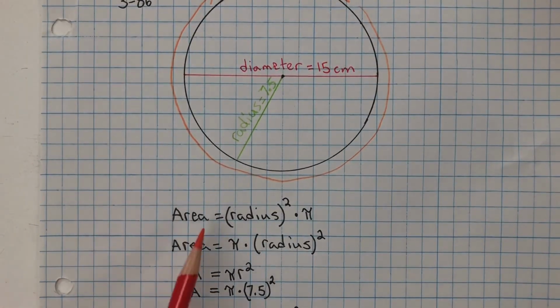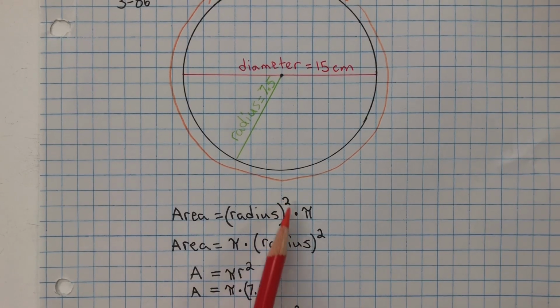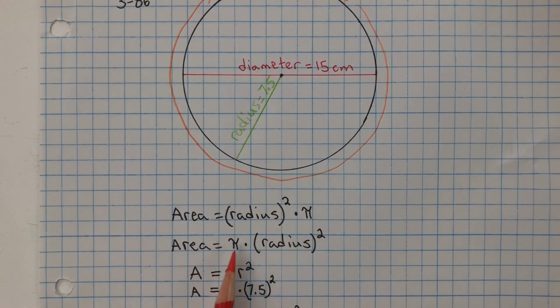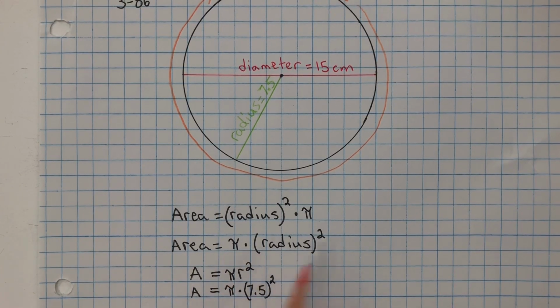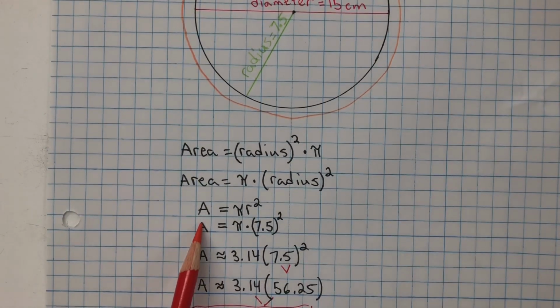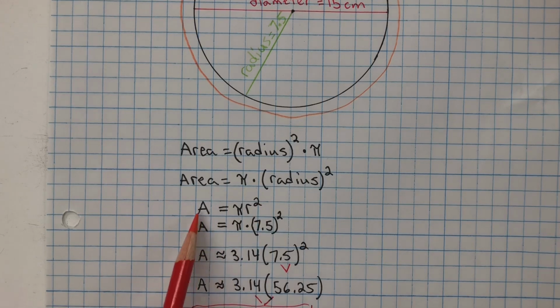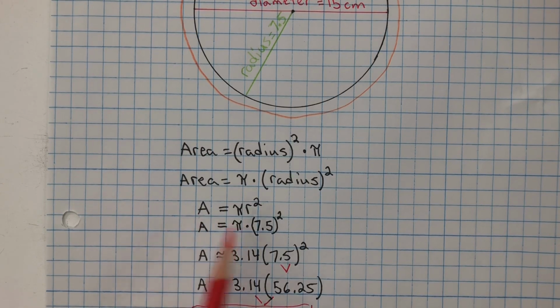So remember, area of a circle is the radius squared times pi. Or you could write it, area equals pi times radius squared. The way I remembered this is apple, pies are squared. Apple for area, pi, r for radius squared.